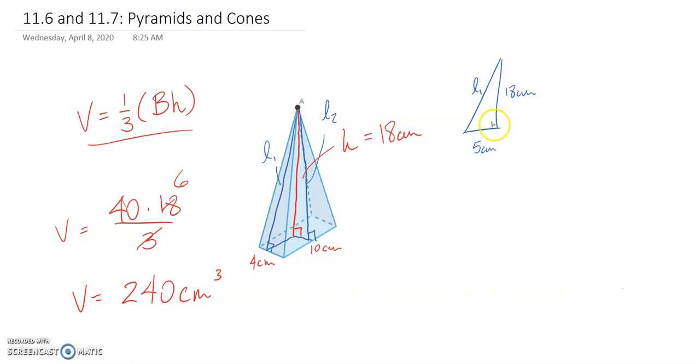So I can use the Pythagorean theorem to get L1. In this case, L1 is going to be equal to the square root of 349, which approximates to 18.68 centimeters.